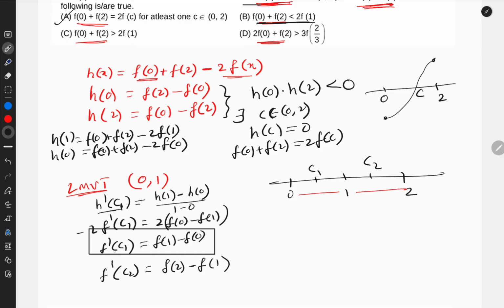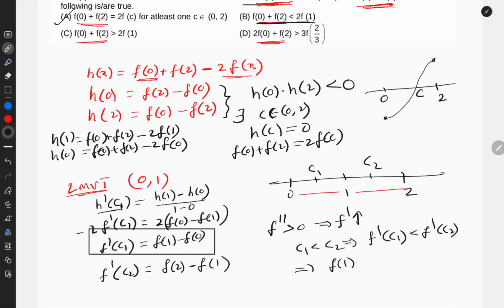And since f'' is positive, that implies f' is increasing, and also c1 is less than c2 implies f'(c1) will obviously be less than f'(c2). So f(1) minus f(0) is less than f(2) minus f(1).